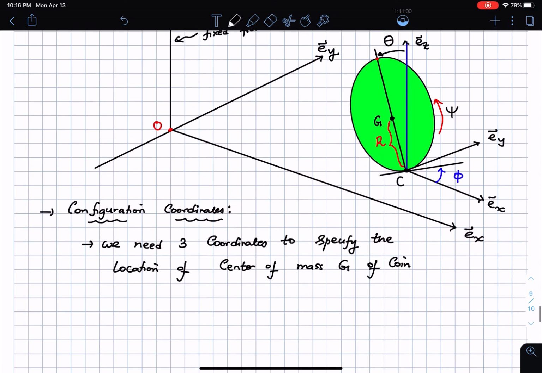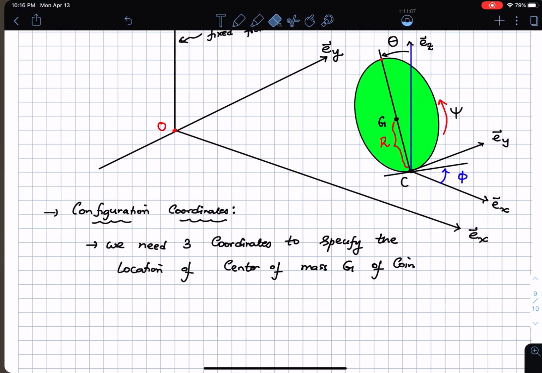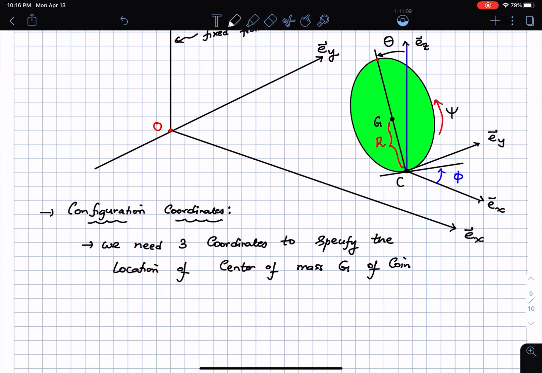These locations we are going to call X, Y, and Z. So the location of the center of mass G is X, Y, and Z.